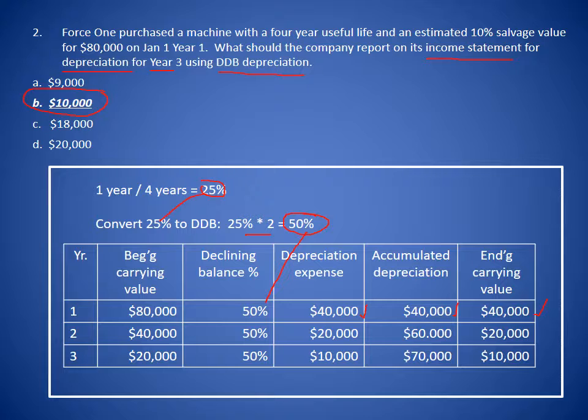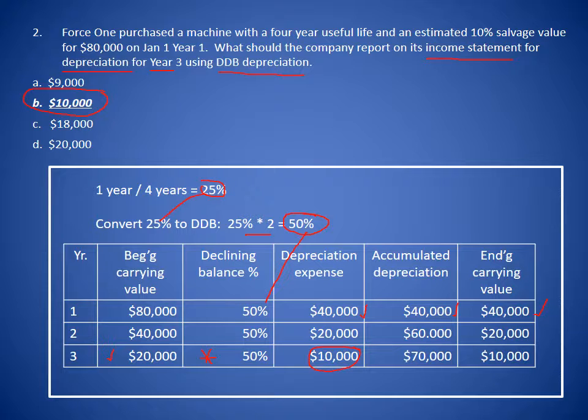We're going to go through the exact same process for year number 2 and year number 3. And if you follow that through, then in year number 3, we have a beginning carrying value of $20,000. We multiply that again times our 50%, and we end up with depreciation expense of $10,000. And that is the answer in this case for using double declining balance depreciation.